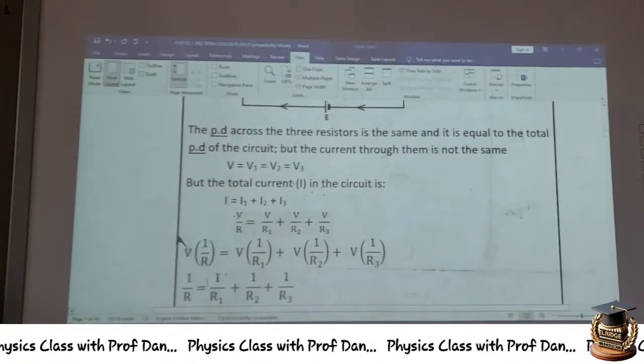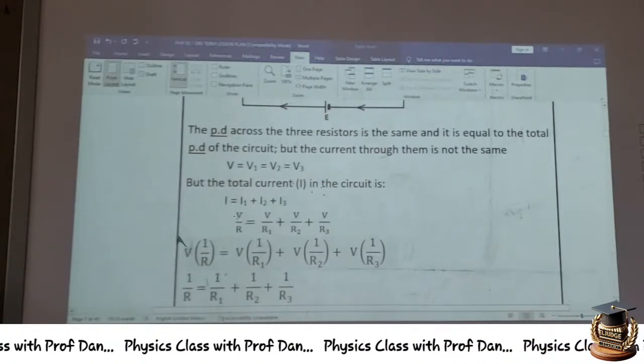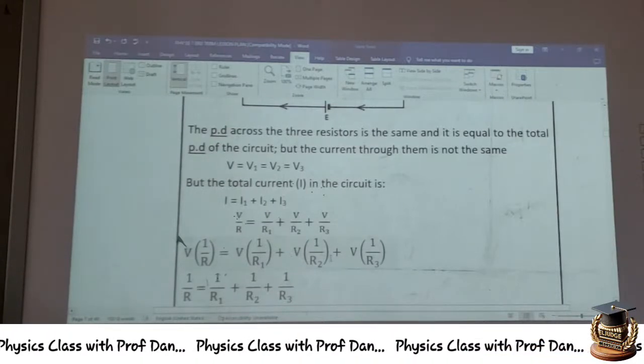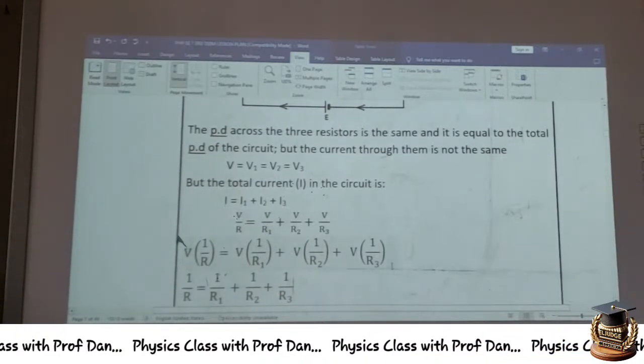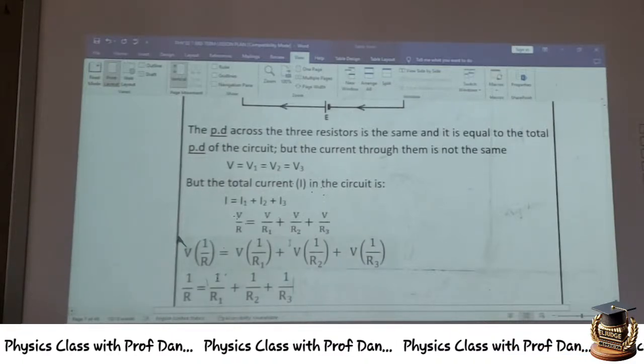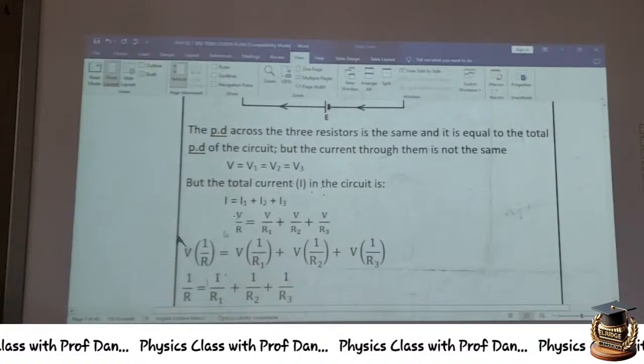If you bring out the V's, so we have V into 1 over R, V into 1 over R1 plus V into 1 over R2 plus V into 1 over R3. Then these V's can be brought together and they cancel each other.